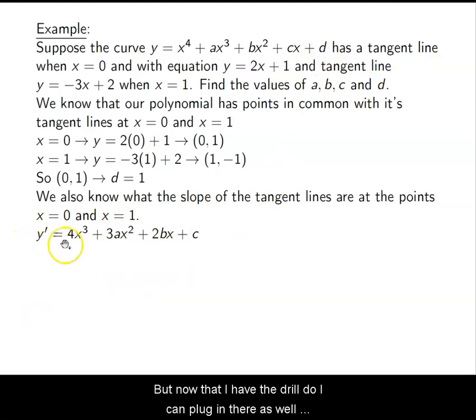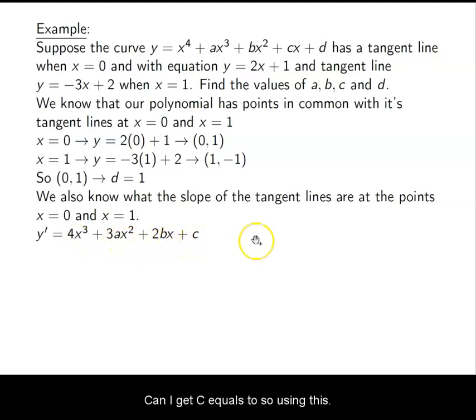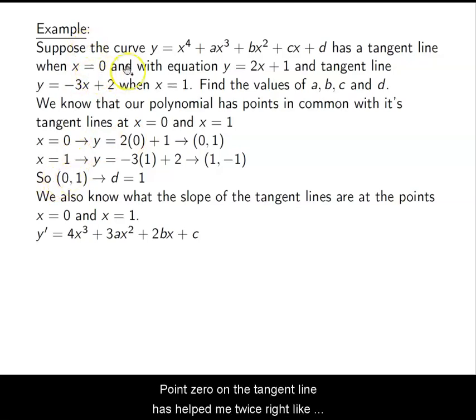Now that I have the derivative, I can plug in 0 as well, and I know that I should get out a slope of 2, which is nice, because notice when I plug in 0 here, everything drops off, and I get c equals 2. So using this point 0 on the tangent line has helped me twice.